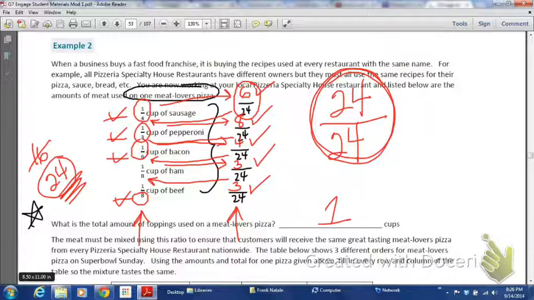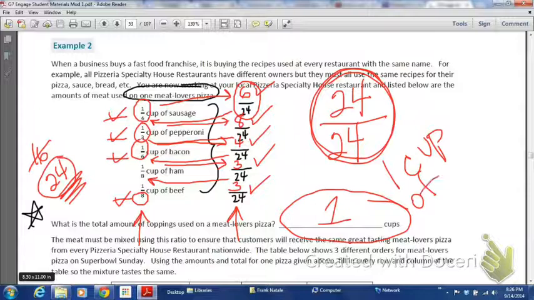Adding all of those different fractions of meat together is 1 cup. So each single Meat Lover's pizza has 1 cup of meat per pizza.